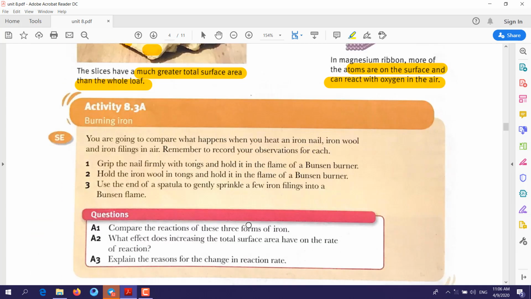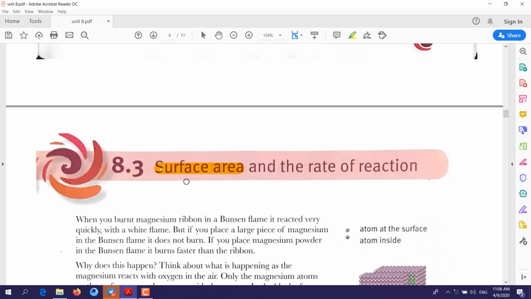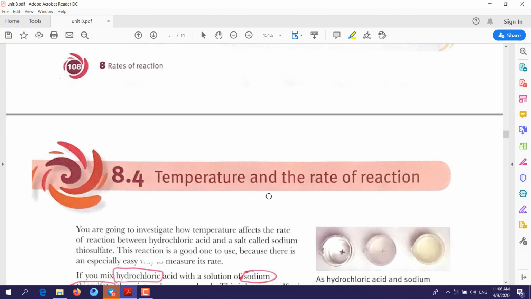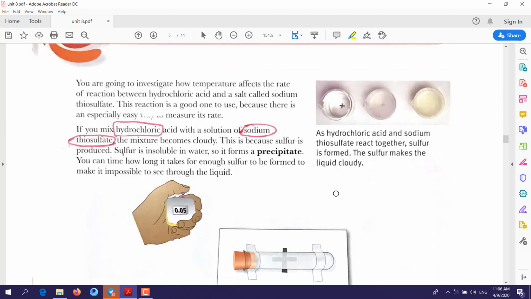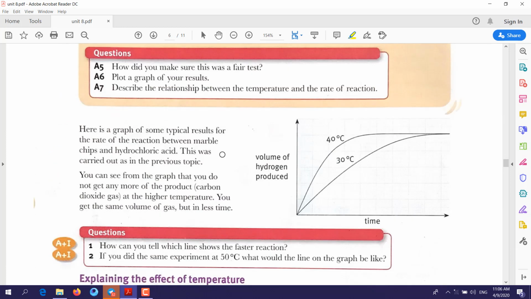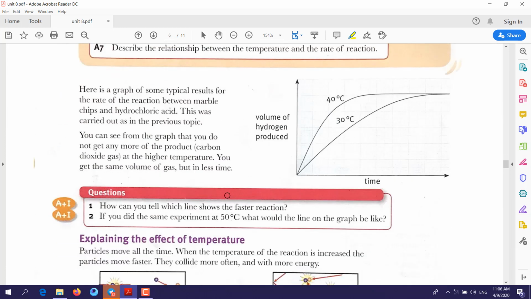Now we talked about surface area: more surface area, faster chemical reaction. Temperature: the higher the temperature, the faster the rate of reaction will be. Here, if you look at this graph, it shows the volume of hydrogen produced in a chemical reaction.